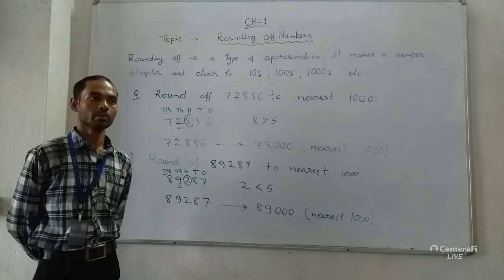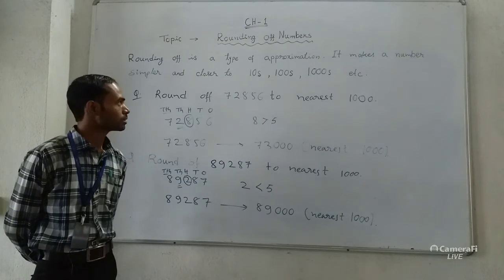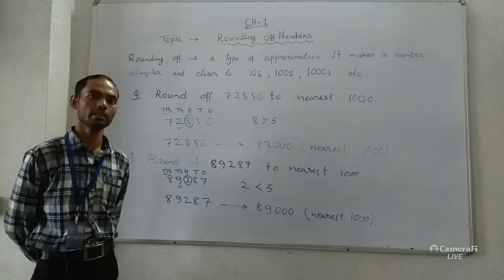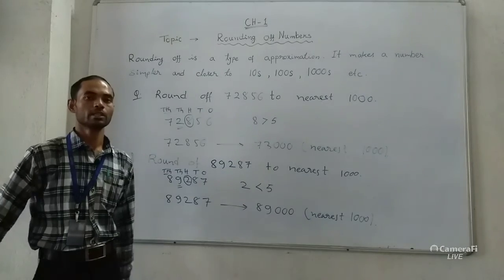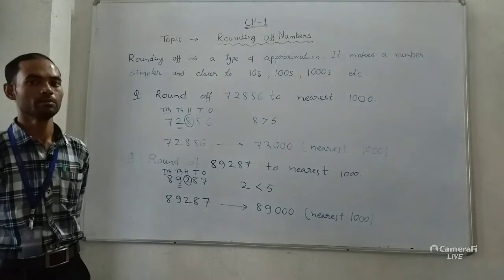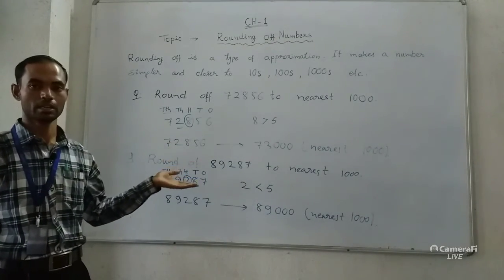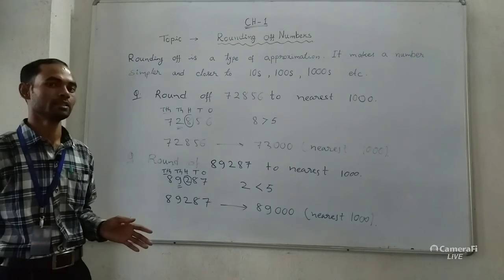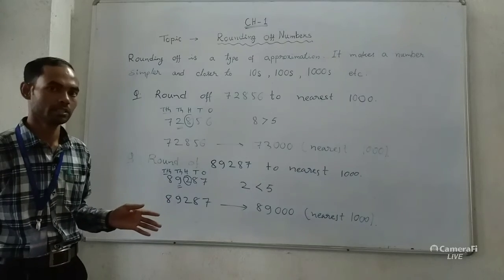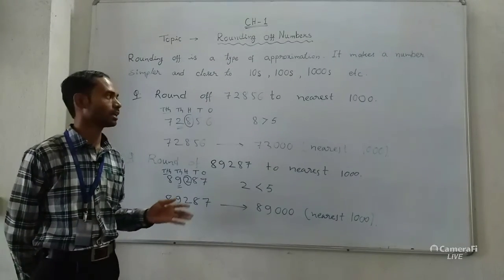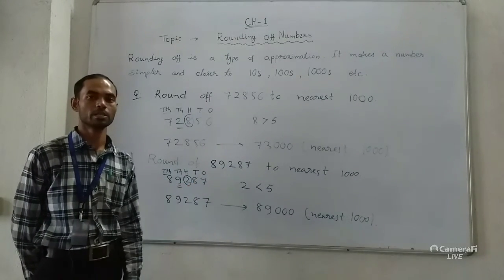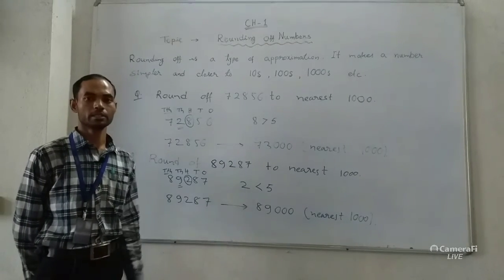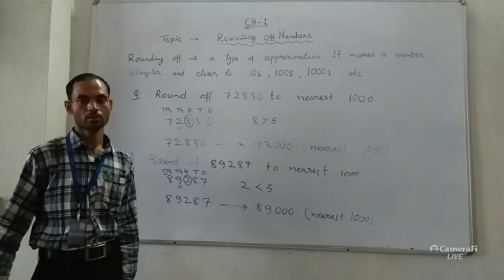If we are rounding off to the nearest 100, then we have to check the tens place digit. If the tens place digit is 5 or greater, then we increase the hundreds place digit by 1 and the remaining digits become 0. If it is less than 5, then the hundreds place digit remains the same, and the other digits after the hundreds place will be 0. The tens place follows the same rule.